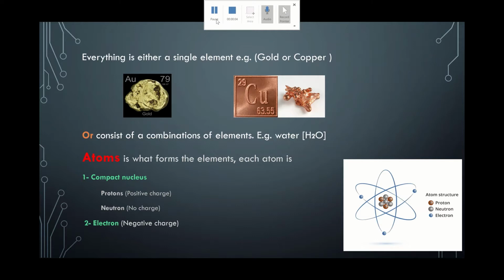Everything in this world either exists as a single element, for example, gold, copper, so it's the pure version of the element, or consists of a combination of elements. For example, water has two atoms of hydrogen and 1 atom of oxygen.